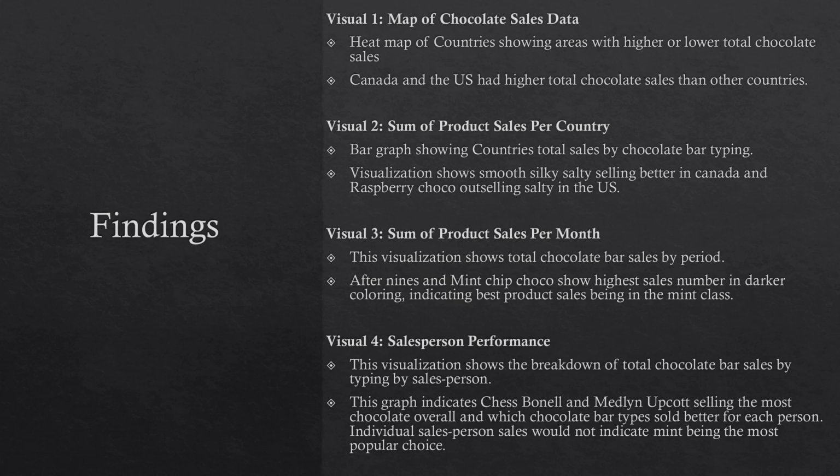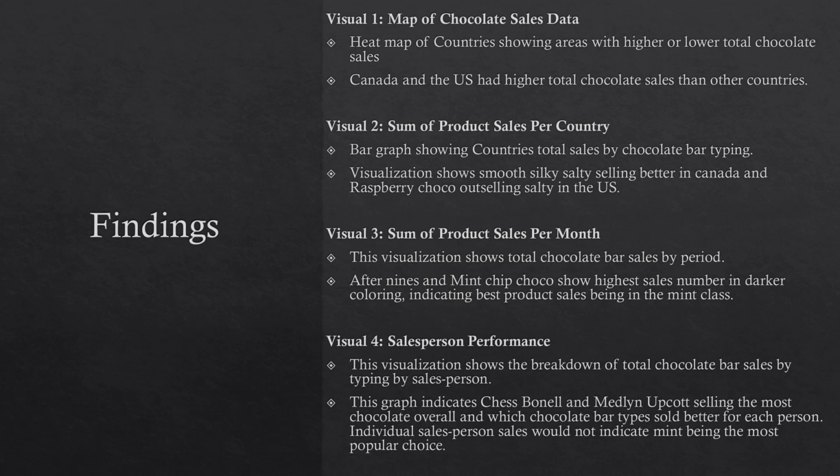Visual 3, sum of product sales per month, shows total chocolate bar sales by period. The key finding was that After Nines and Mint Chip Choco show the highest sales numbers in darker coloring, indicating best product sales being in the Mint class.